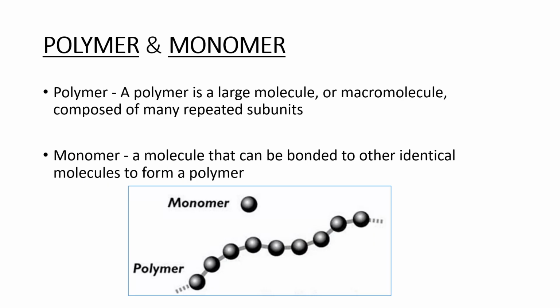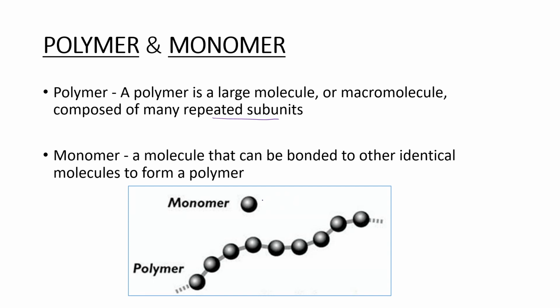Okay, so a polymer is a large molecule, or it's the macromolecule, composed of many repeating subunits. Like we were using our train situation just a second ago. Notice they were all train cars. It's not like we stuck a plane in the middle of all that, so they were all similar. The monomer can be bonded to other identical or similar molecules.